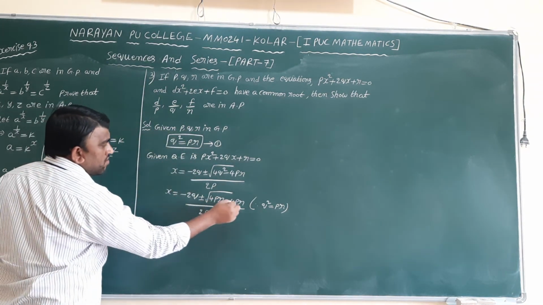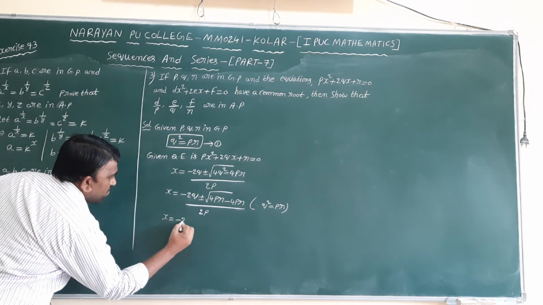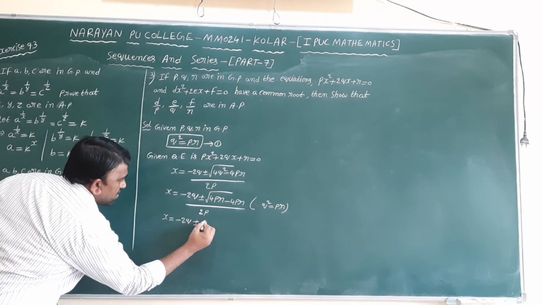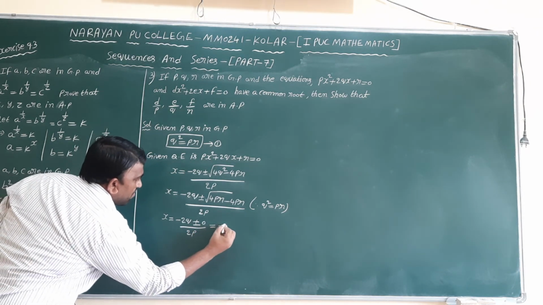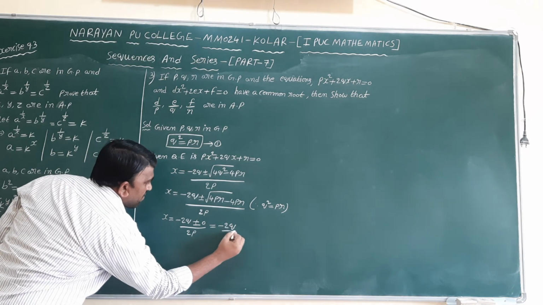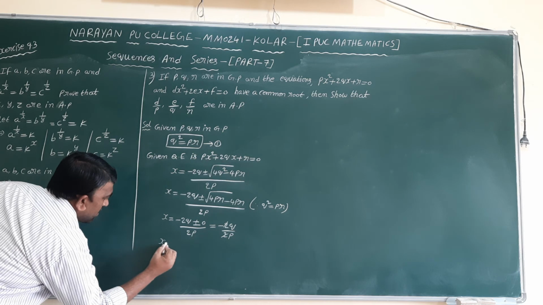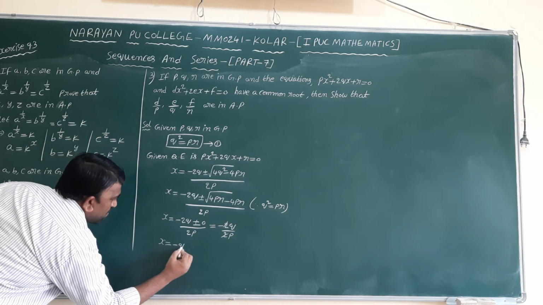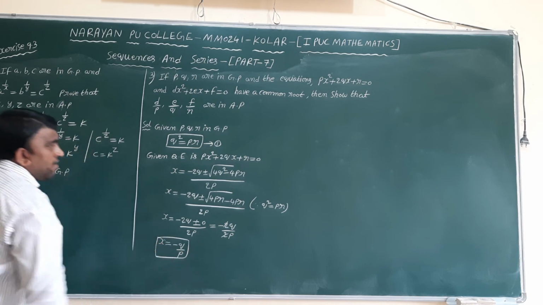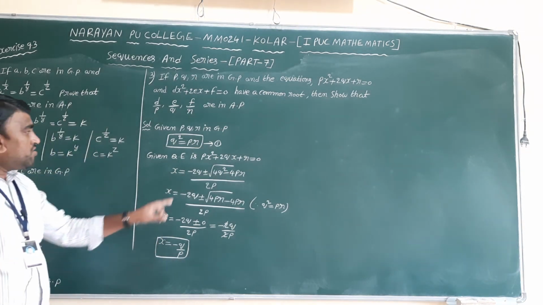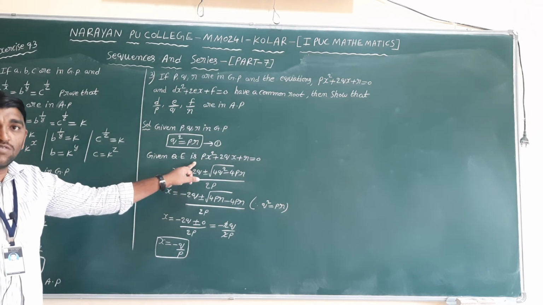Now these two terms cancel to 0. x equal to minus 2q plus or minus 0, divided by 2p. So minus 2q by 2p, the 2s cancel, x equal to minus q by p. We got this as the solution of px square plus 2qx plus r equal to 0.